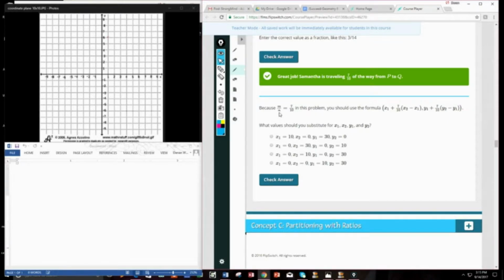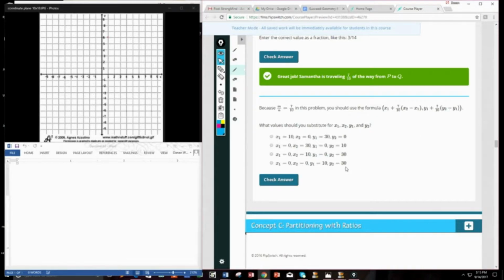Because m over n is equal to 7/10 in this problem, you should use the formula x sub 1 plus 7/10, because that's our ratio or percentage that she walked up, times x sub 2 minus x sub 1, and y sub 1 plus 7/10 times the quantity y sub 2 minus y sub 1.